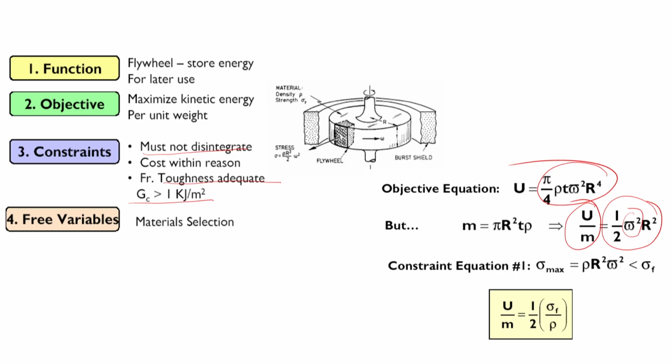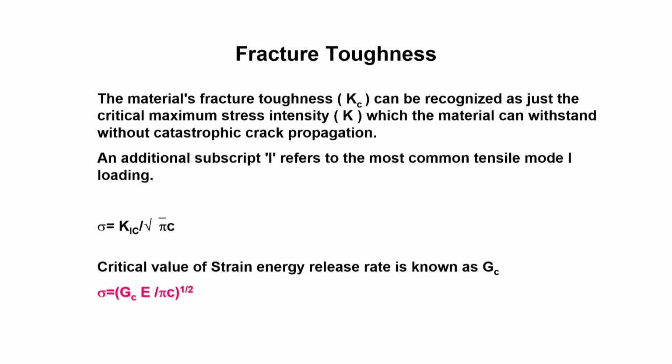So, if it is only U by M that I need to figure out, and if the strength is the only criteria, it would become half sigma f over rho as one of the criteria, but we have the fracture toughness as our concern, and that is related to the stress intensity, and this is the expression of the strain energy release rate Gc, which we are going to use in terms of measuring the fracture toughness.